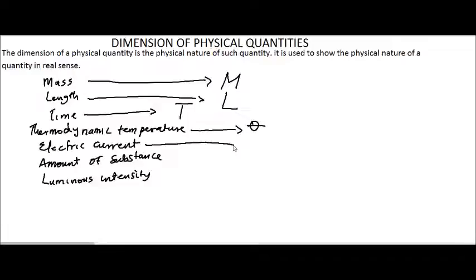That of electric current is capital I. Then for amount of substance, the dimension is often capital N, while luminous intensity has a dimension given as this. Now these are the seven basic dimensions of physical quantities we have.